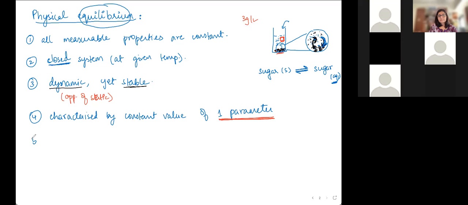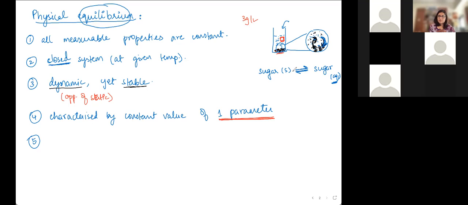Next. Ma'am, could you go over the third point again about the dynamic one? Which part have you not understood, Rishabh? How is it exactly dynamic? Because the particles are moving. The dissolving process has not stopped.